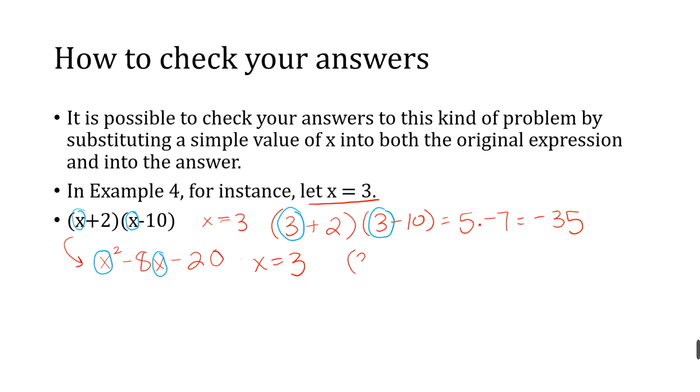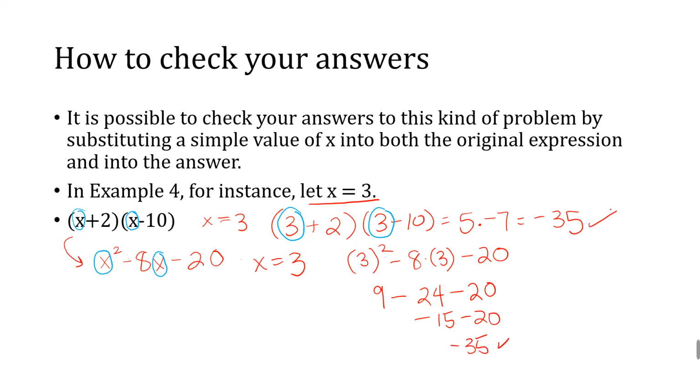So I want to do 3 squared minus 8 times 3 minus 20. 3 squared is 9 minus 24 is negative 15. Negative 15 minus 20 is negative 35. So the negative 35s match. So x squared minus 8x minus 20 is the correct answer.